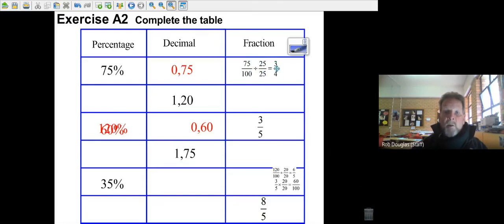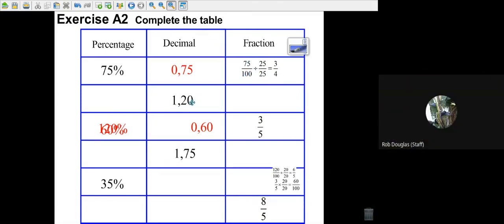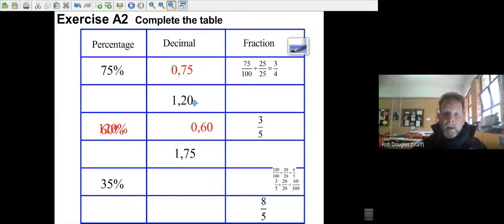So 0.20. Well, as a fraction, that's 120 hundredths. So there it is as a fraction, 120 divided by 100.